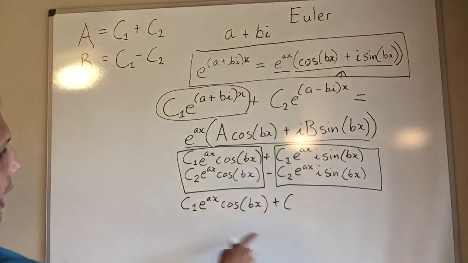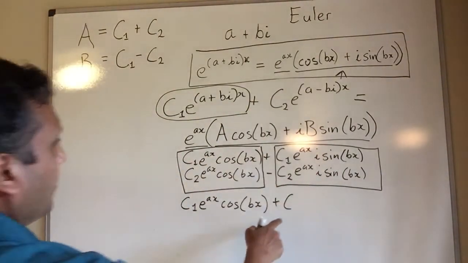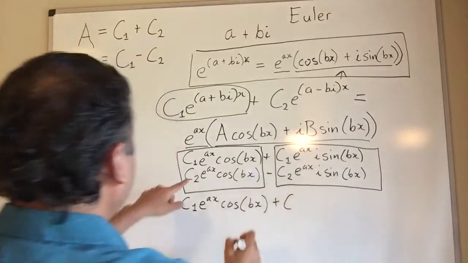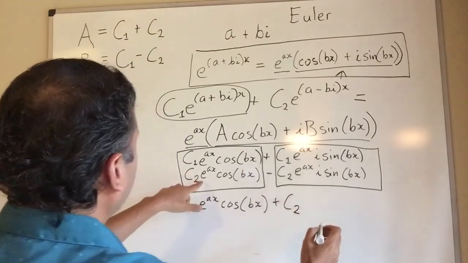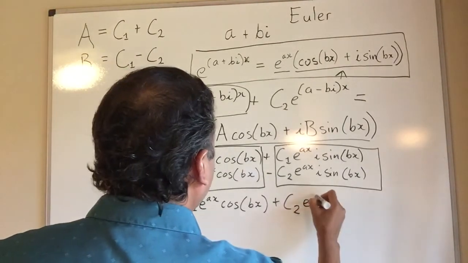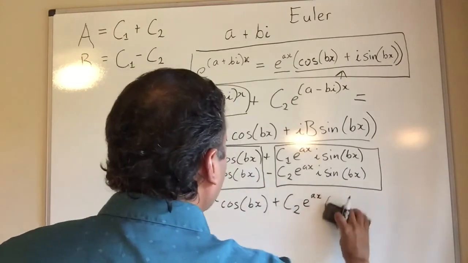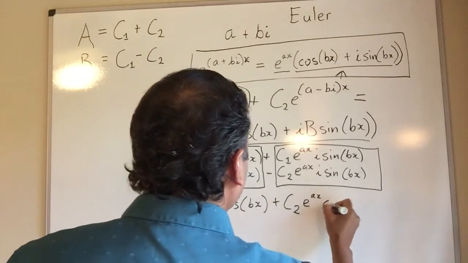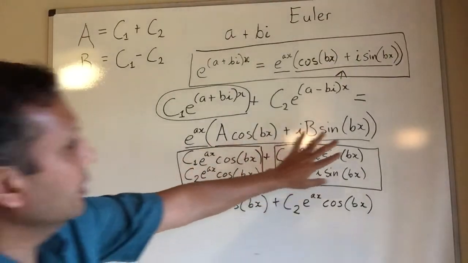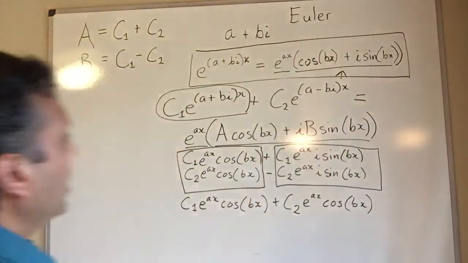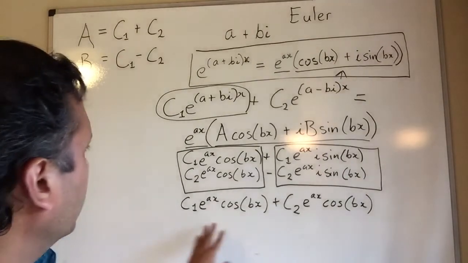They were being added, so I add, so there's an addition here with these two expressions, plus C2, this one is C2 times e to the ax cos bx.